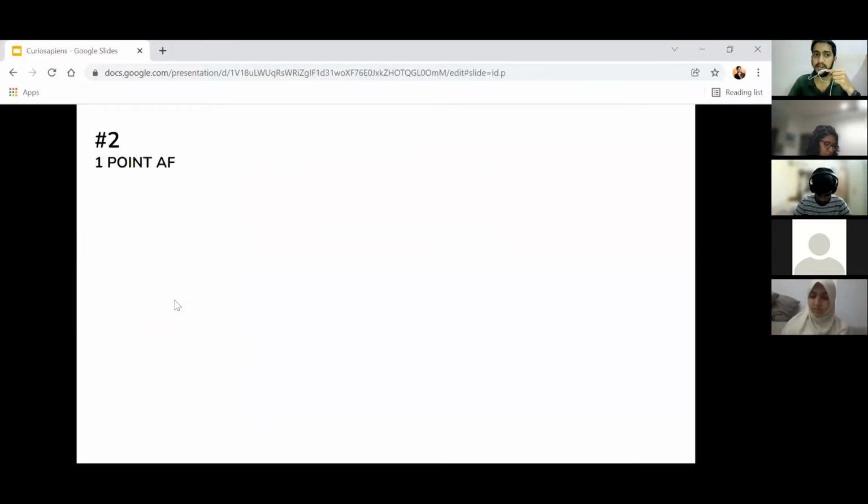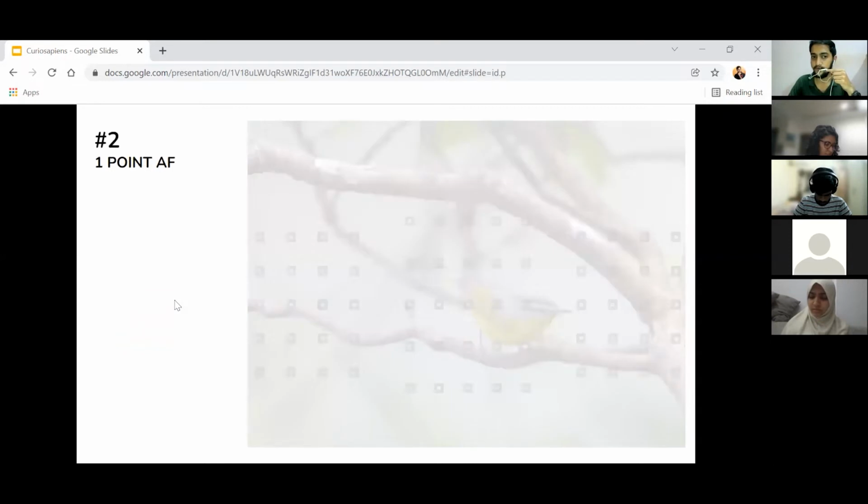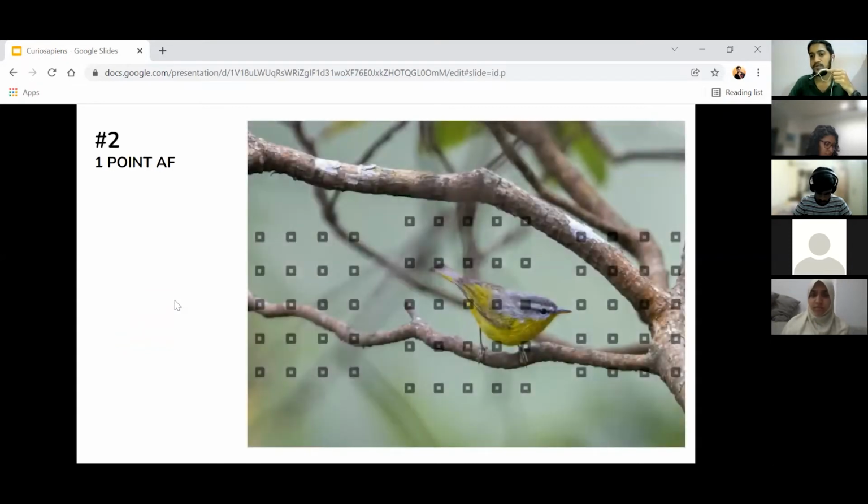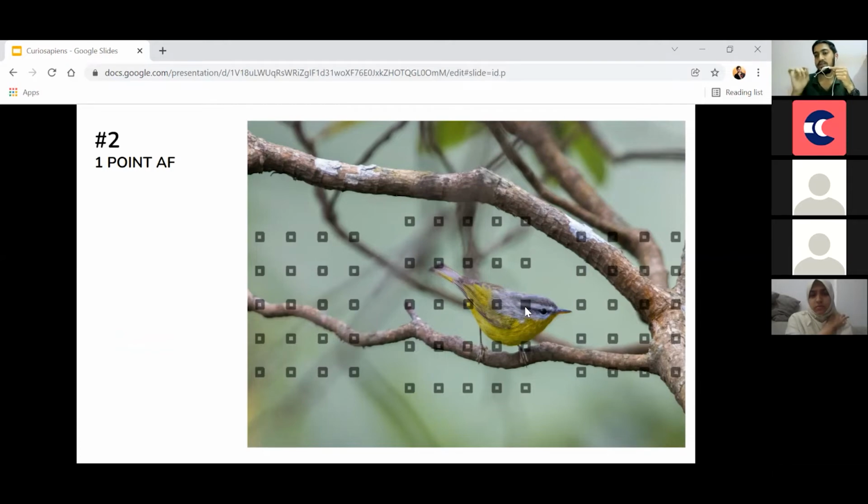The second kind of focusing is one point focus. You focus on one particular point. You expect the subject to sit at this particular point, and you set the focus on that point, and when the bird comes to that point, it automatically gets in focus and you are able to make that frame.